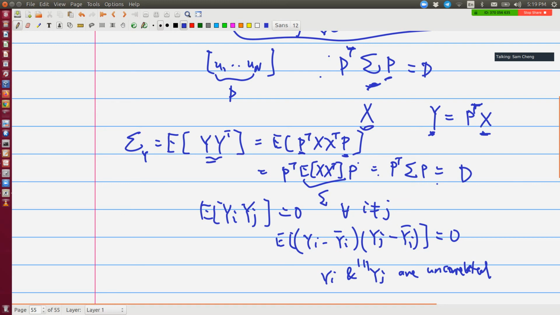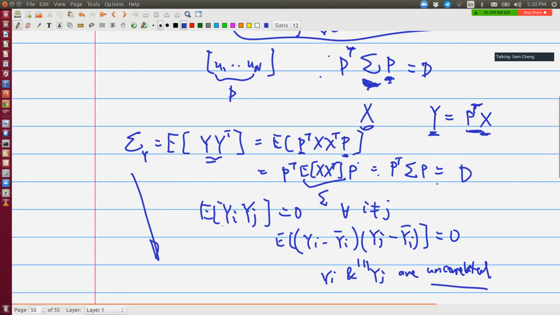But if I can diagonalize this, let's say using the eigenvector matrix of sigma, then I can use this to generate a new set of random variables y, using just a linear transform, and we can show here that the new set of random variables will be uncorrelated, right?